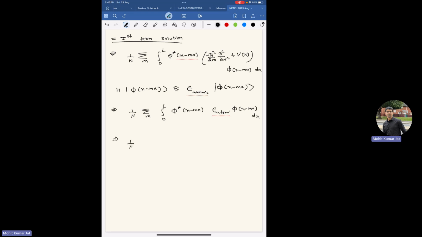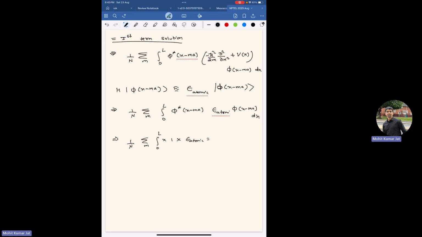It will give you 1 by n, sum over all m, 0 to L, it's 1, and Ma is less than or equal to L. So this will give you 0 to L times 1 times epsilon atomic.